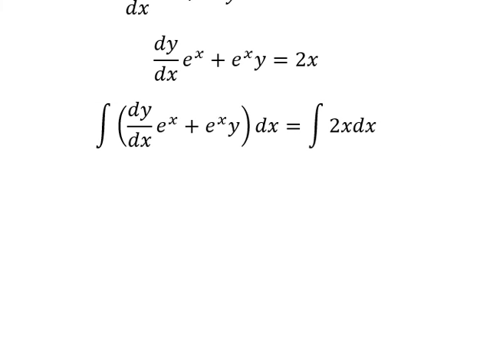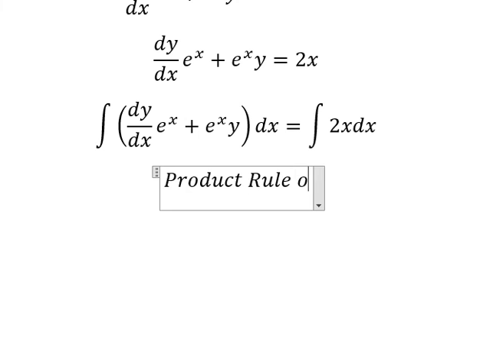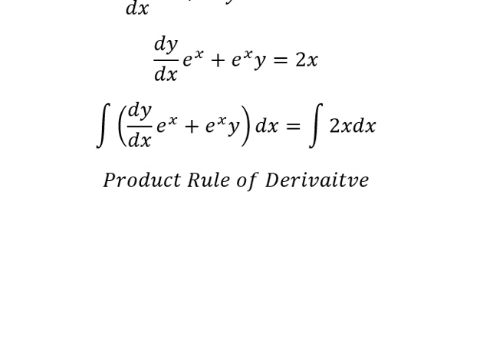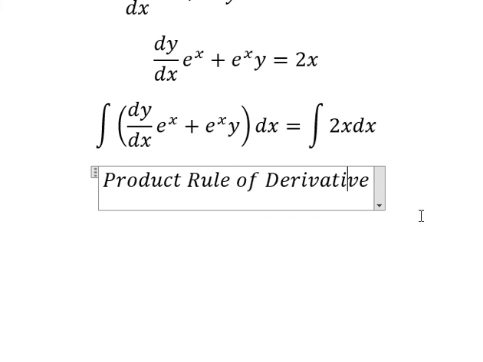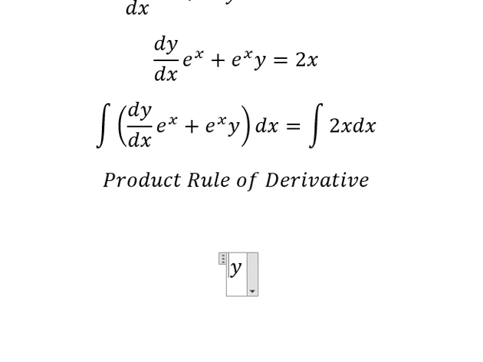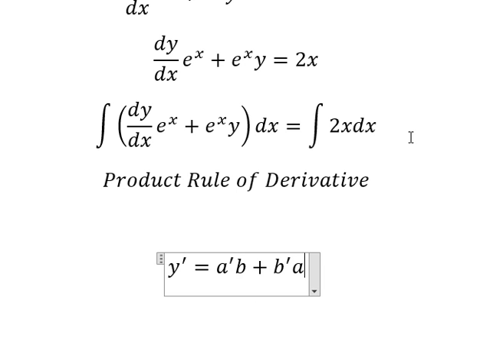Next, we need to use the product rule of the derivative. So we know that we have the first derivative of y equals the first derivative of a multiplied by b plus the first derivative of b multiplied by a.